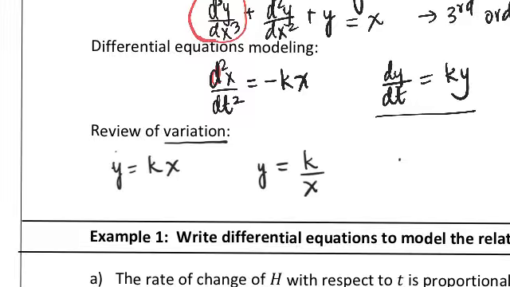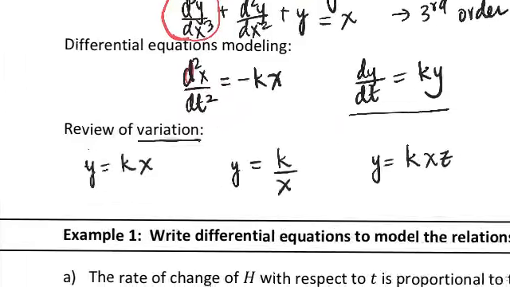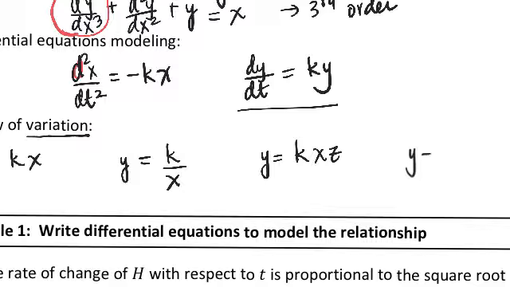And then maybe a joint variation, where y is directly proportional to x and z. And I guess there's also combined variation. Y is directly proportional to x and inversely proportional to z. So these are some of the things you've seen before.